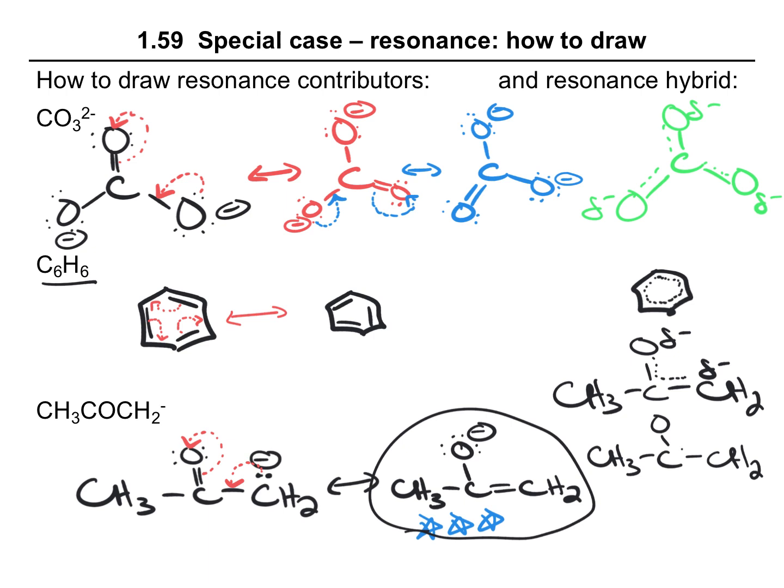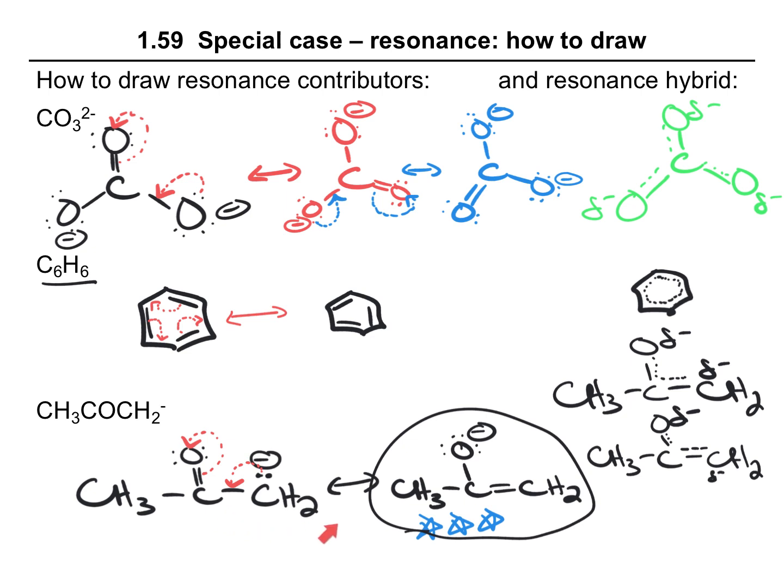So we have significant double bond character here and a lesser amount of double bond character between the carbon and the oxygen. And then we have a big partial negative charge on the oxygen and a small partial negative charge on the carbon.